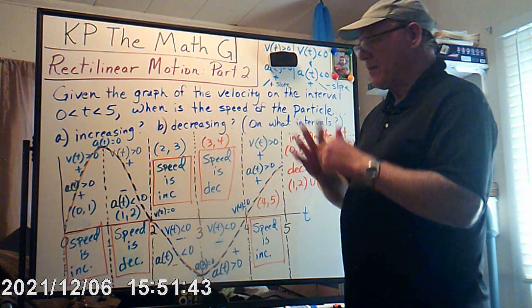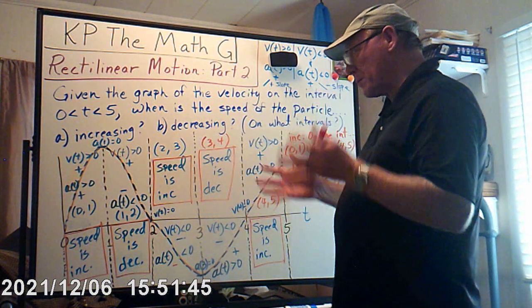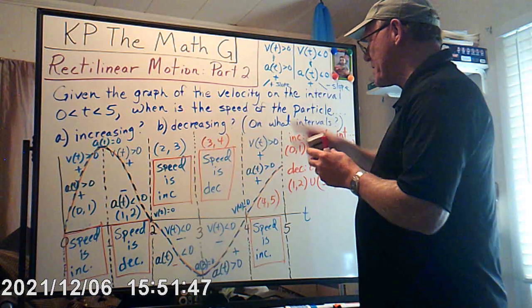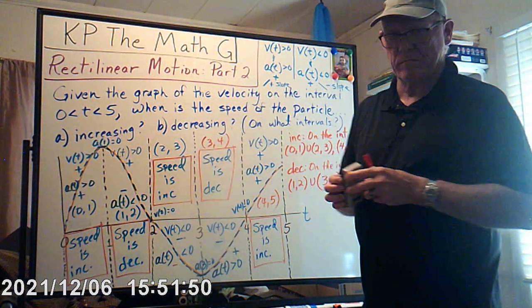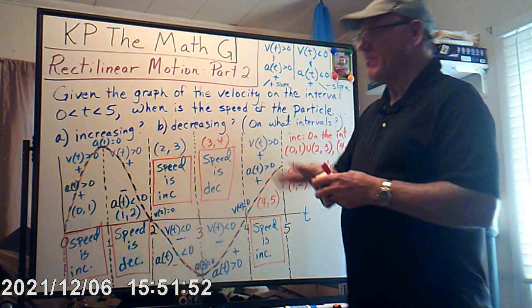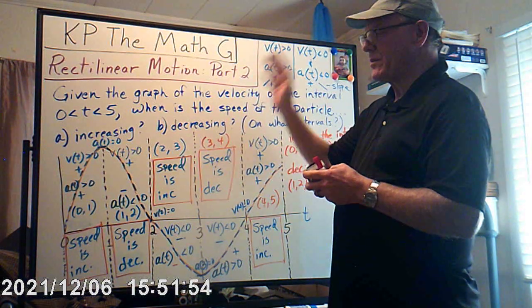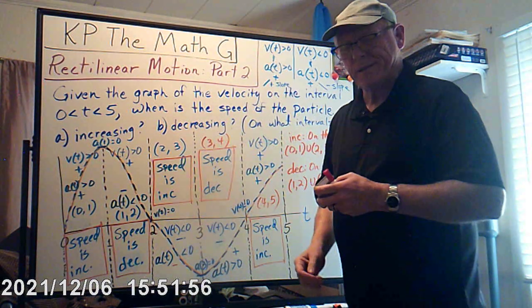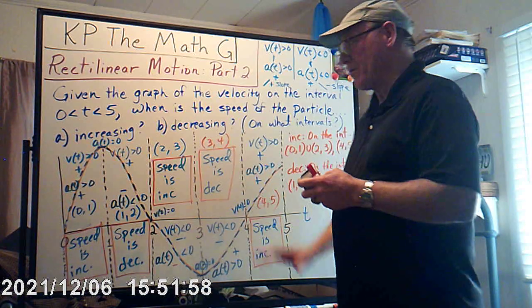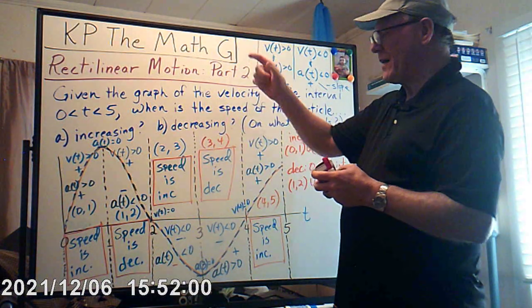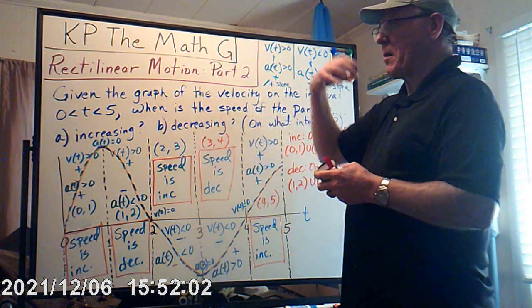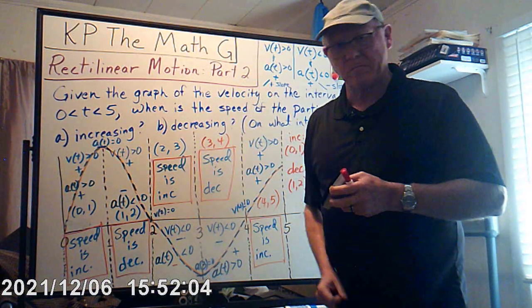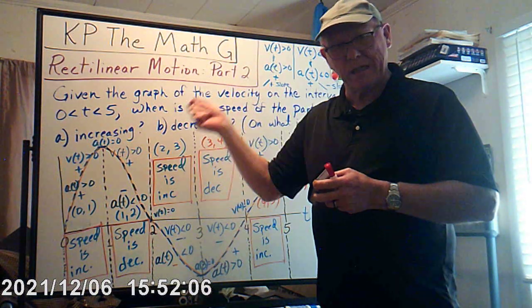So keep in mind what the rules are. If you've got this, you understand it, and that will go a long way toward understanding our next lesson. Next time we're going to have a position equation, S at t.